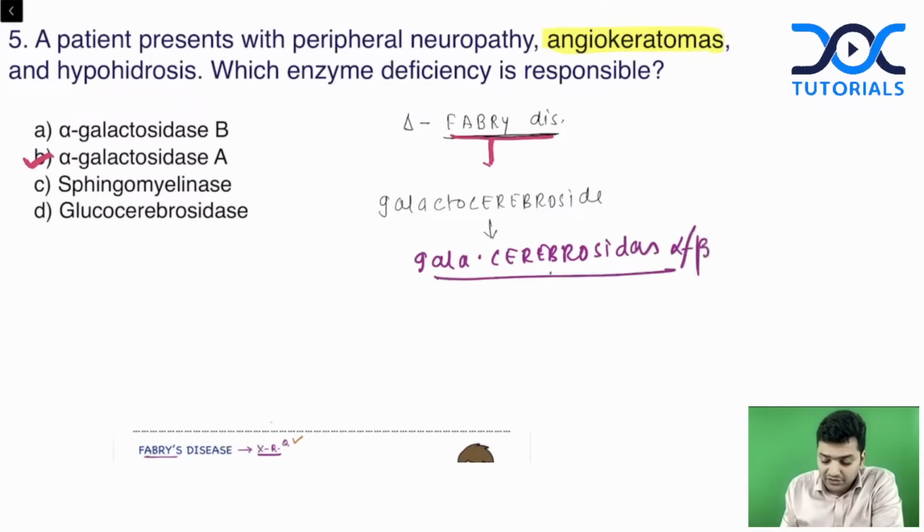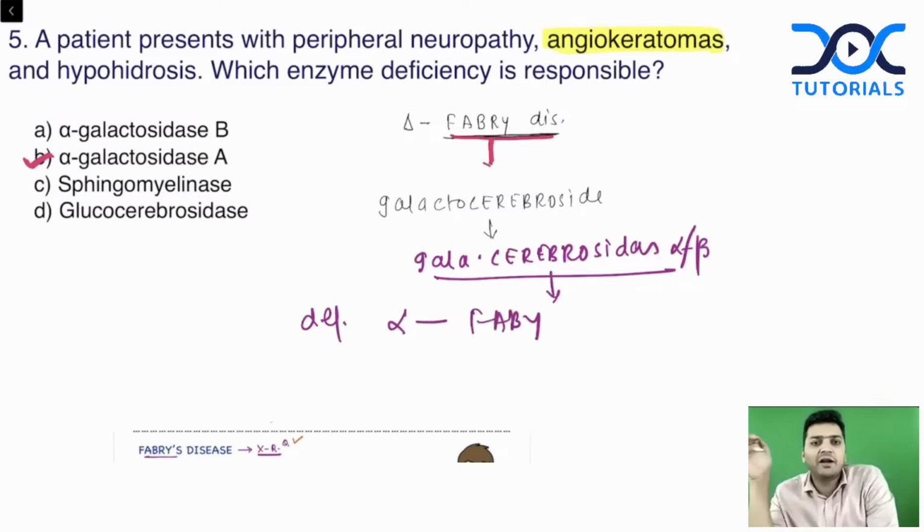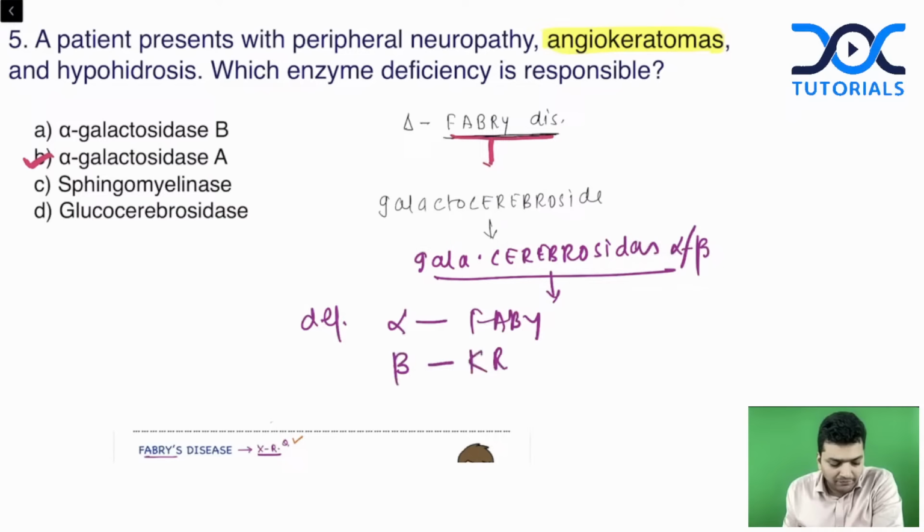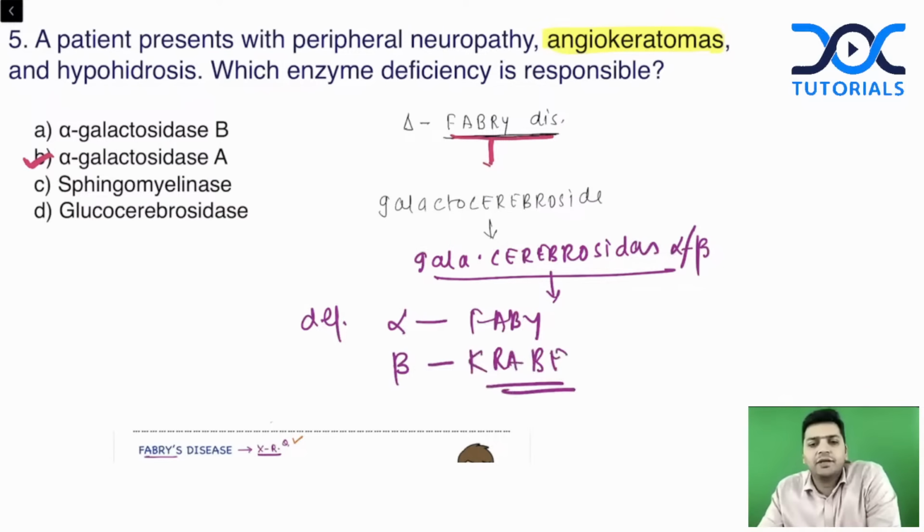If there is a deficiency of alpha, it is Fabry. We remember it like this: alpha deficiency, Fabry. If there is a deficiency of beta, beta is Krabbe. So you can remember it like this: Bakra. Beta is Krabbe, alpha is Fabry.